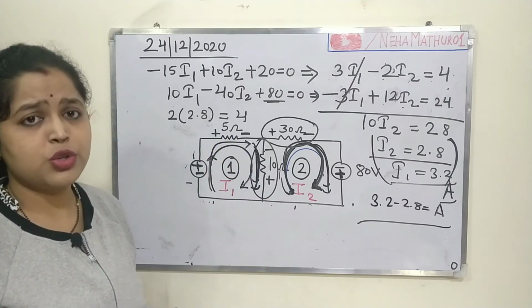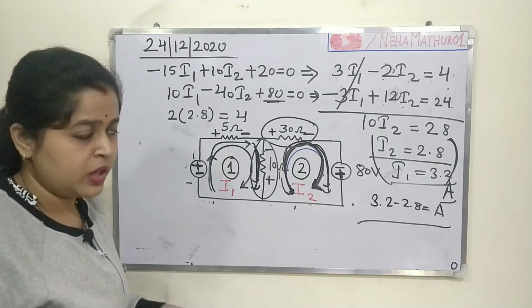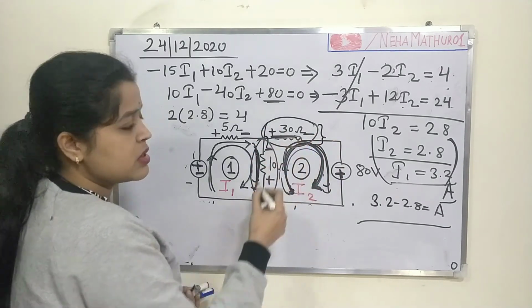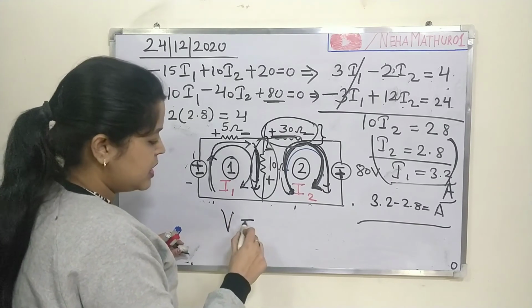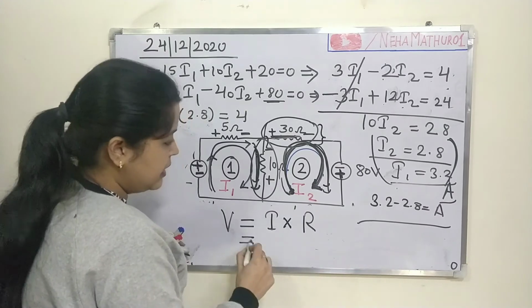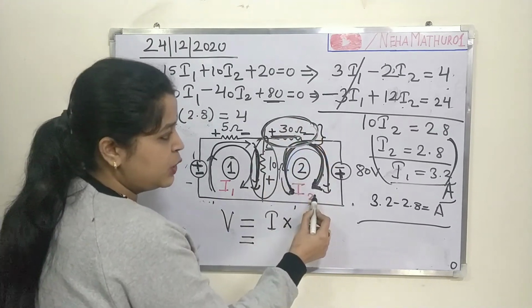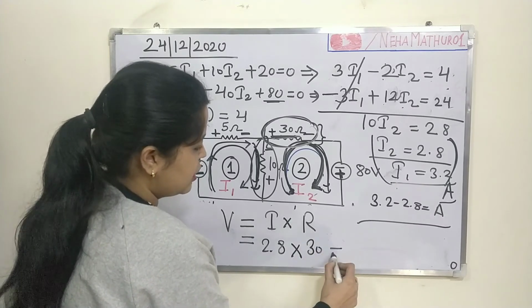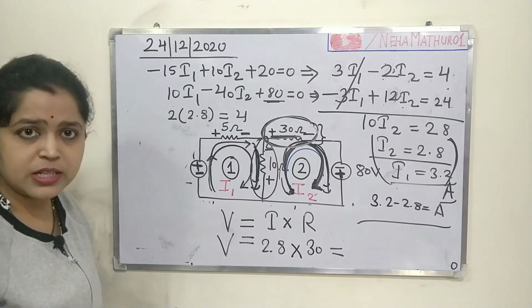Similarly, if the examiner wants to know the voltage drop across this resistor, you can say voltage is always equal to current times resistance. The current across this 30 ohm is I2, which is 2.8, and the resistance is 30. So voltage is clear.